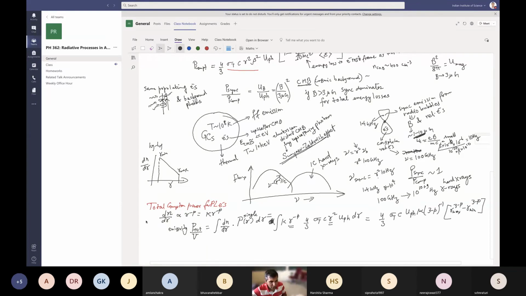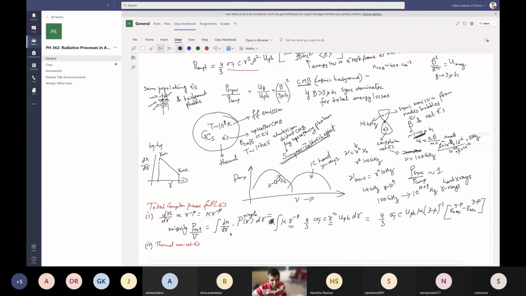Now this is for relativistic particles. So this is the first case. We can also consider inverse Compton scattering from thermal non-relativistic electrons. Again, this is the case when electrons are still hot compared to the photons, but their gamma is 1. They have a Maxwell-Boltzmann thermal distribution.